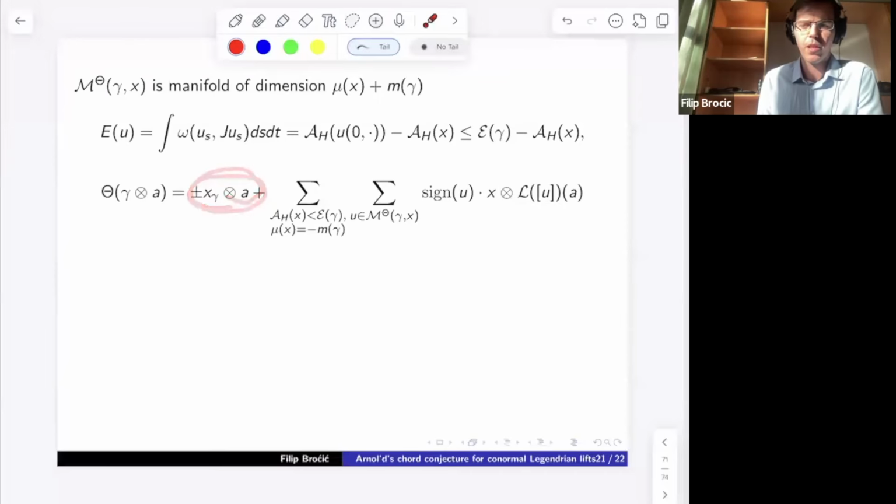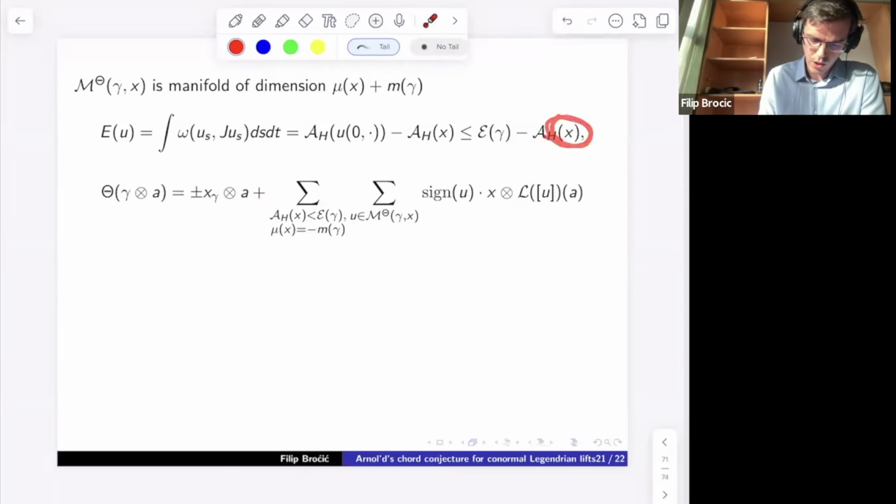So the theta map will, in some sense, be an upper triangular matrix, which will have identities or plus, minus identities on the diagonal. Because we can reorder the basis, and we know that if Hamiltonian chord X, so we know that X_H is giving the cogeodesic flow.